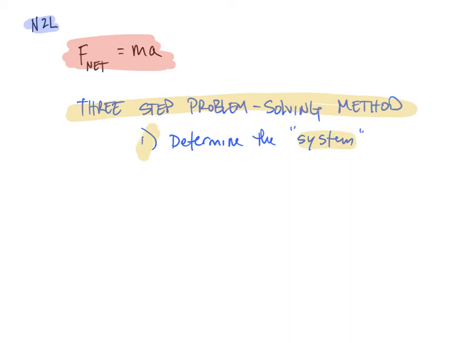In some cases, there might be a setup where there are several different objects involved, maybe multiple blocks connected by a rope, for instance. And you have to determine what is the object that you want to consider. If you're using F net equals ma, what's the object that you're going to consider the net force upon? What is the mass of the object that you are considering, and what is its acceleration?